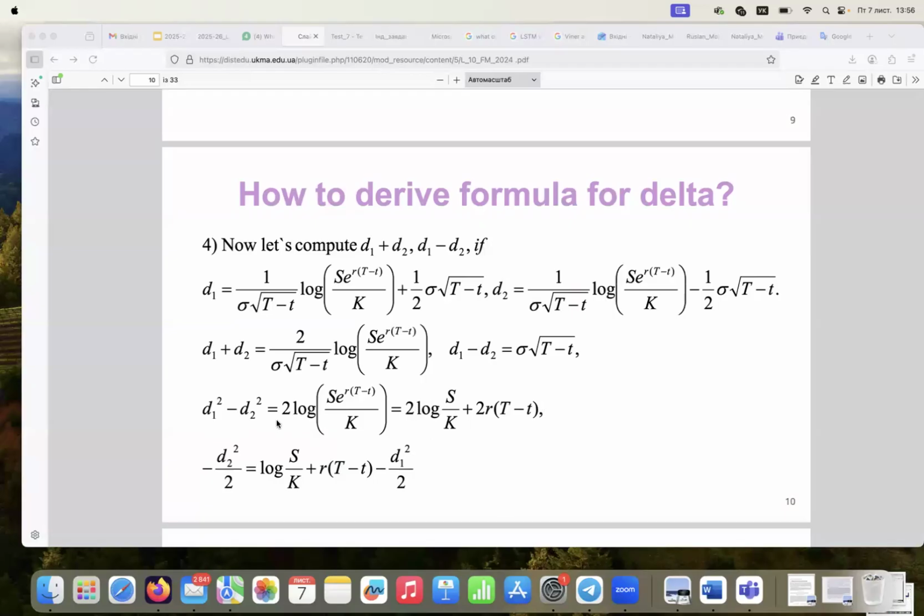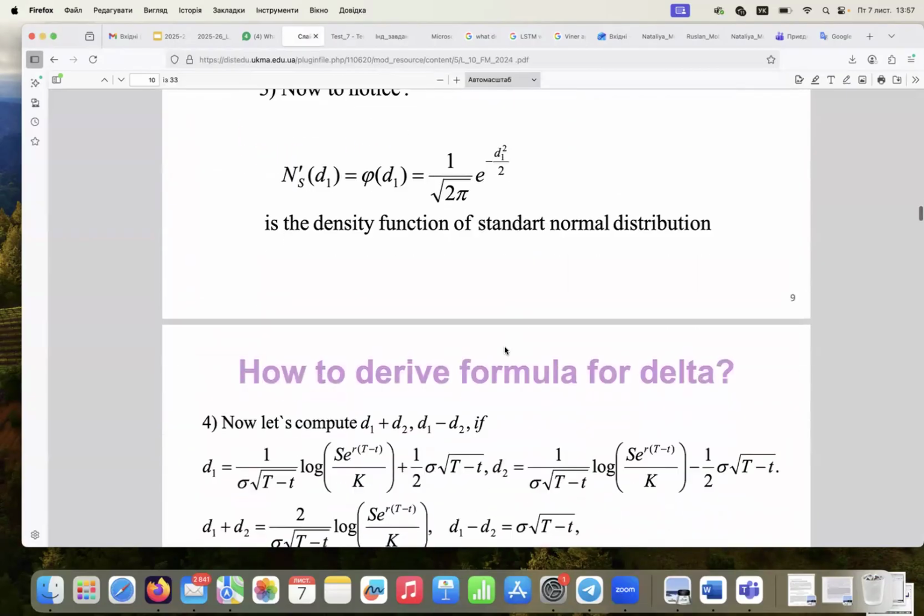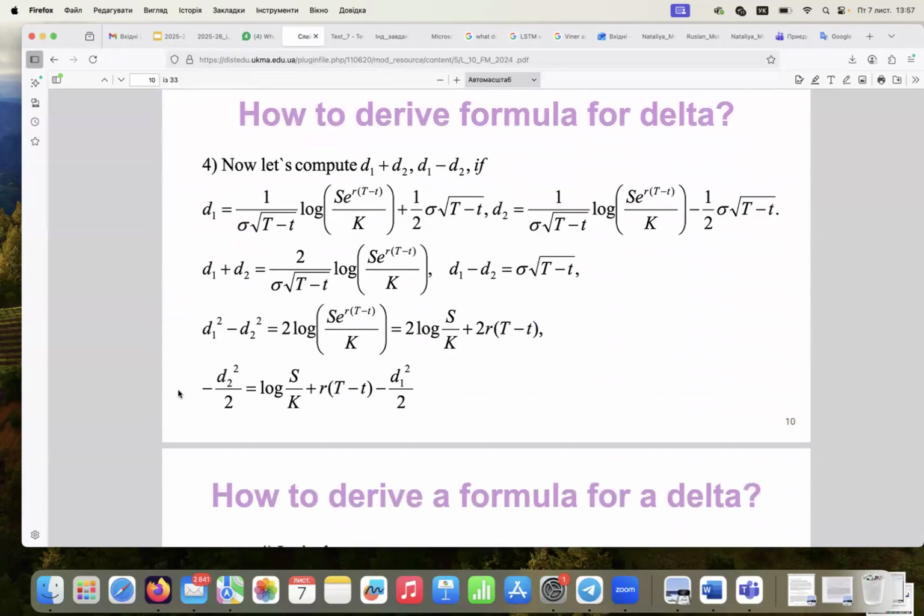After that, we can find d2 square, it is this, divided by 2, because of this 2 and this 2. So we have this result. And why do we need this result? Because you remember this formula, it is d1 square divided by 2. So we wanted to have the expression for this.